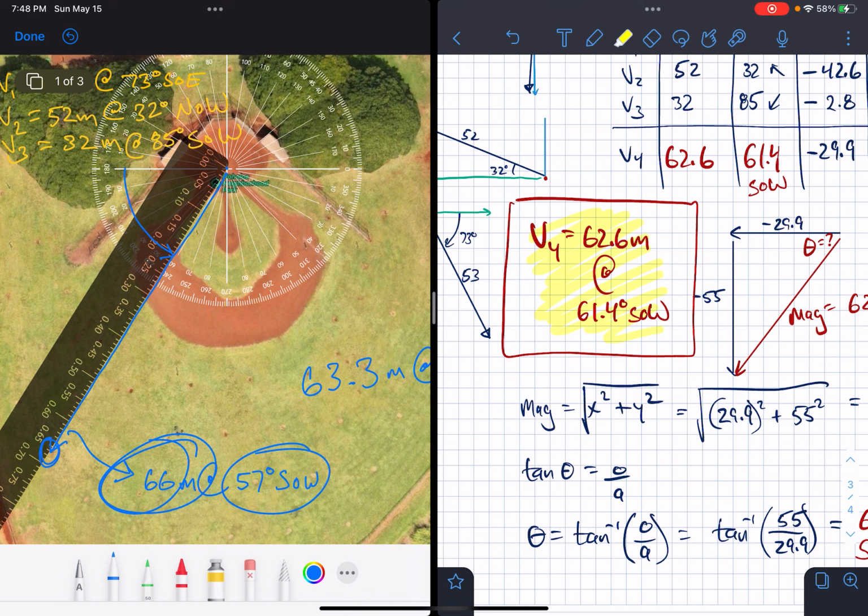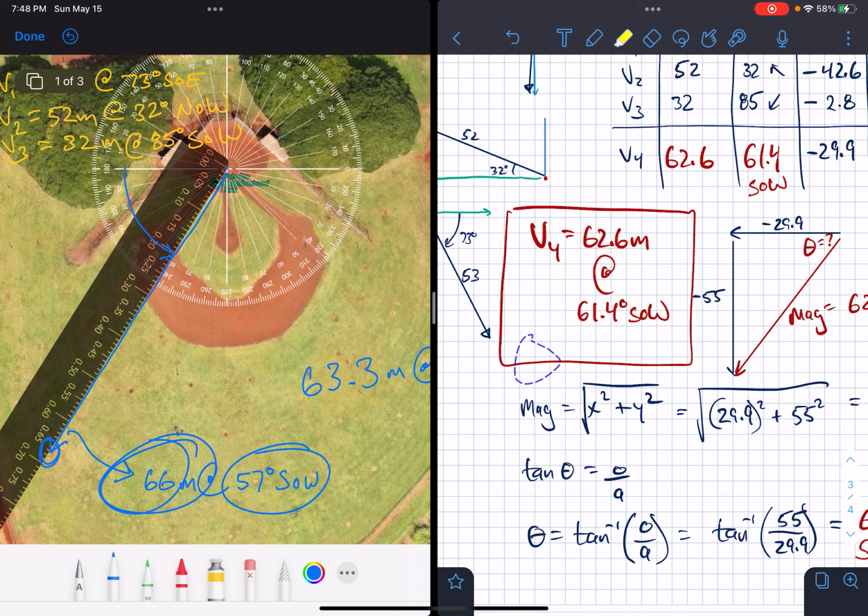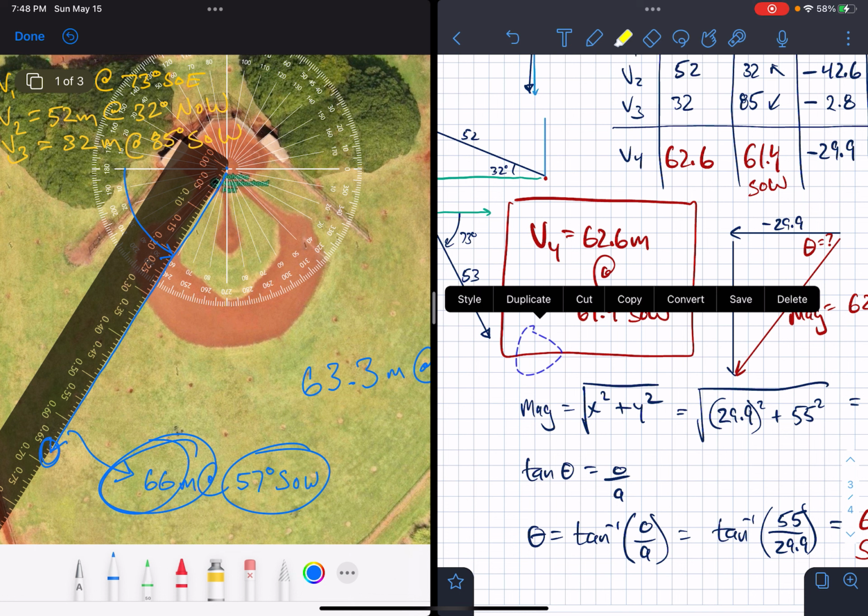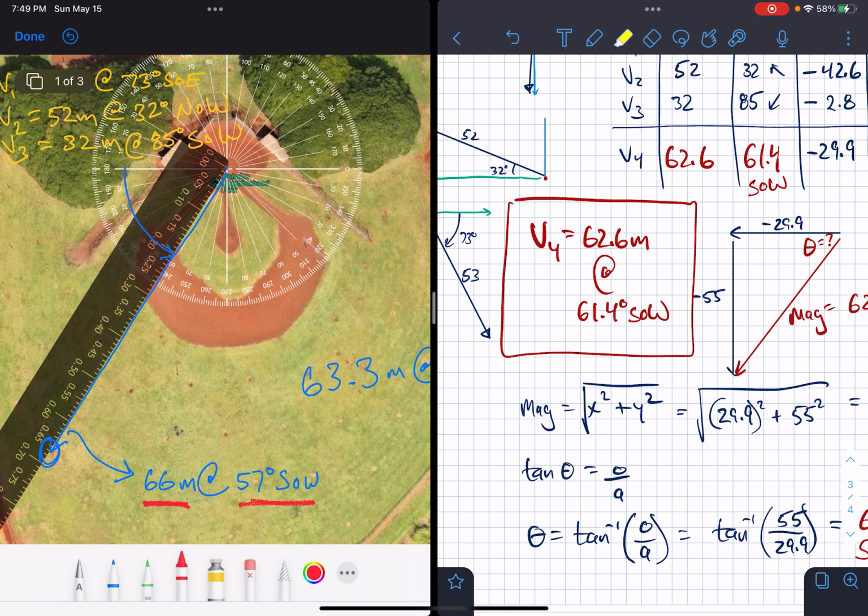So we're off by a few units here, and we're off by a few units here. But for the most part, we're in the right ballpark. It's about 60 meters at about 60 degrees south of west from this home plate to the sprinkler that was faulty.